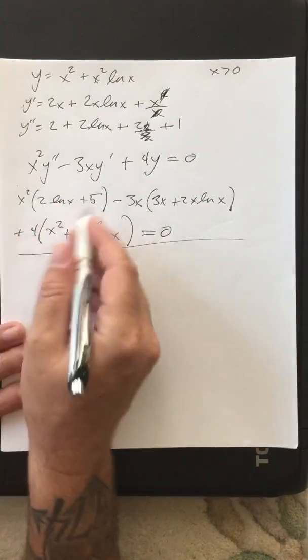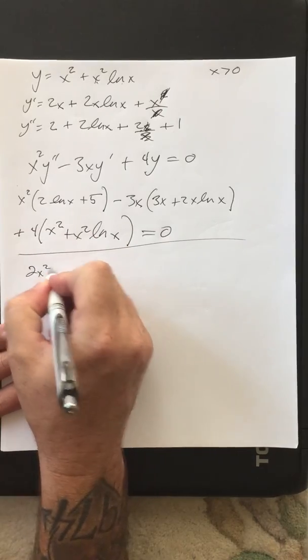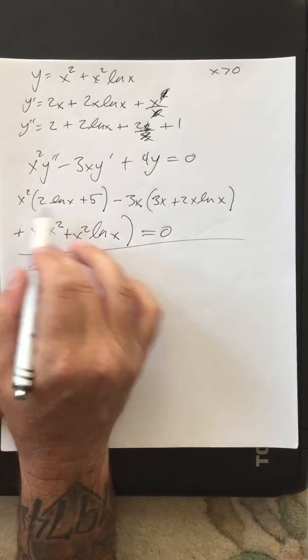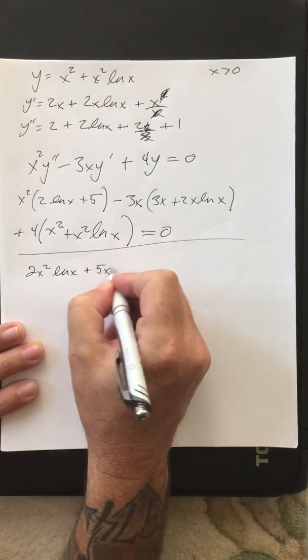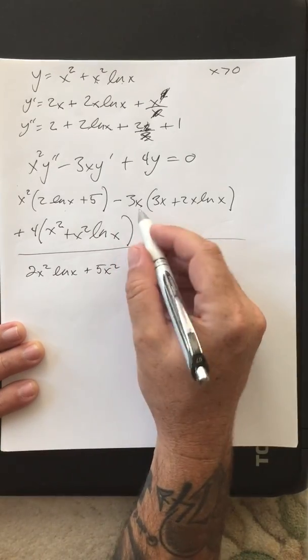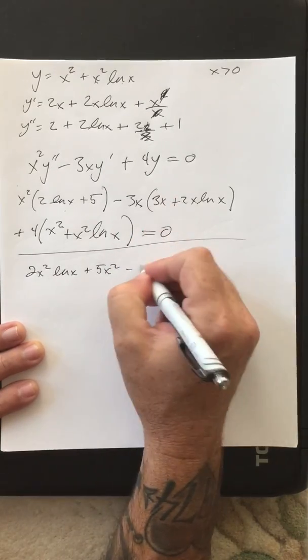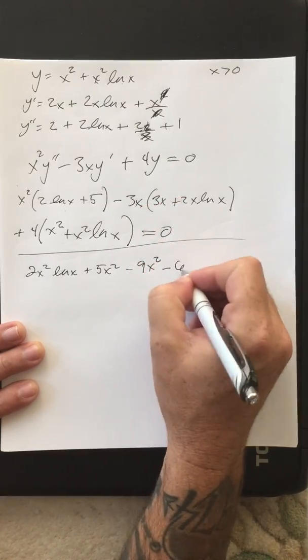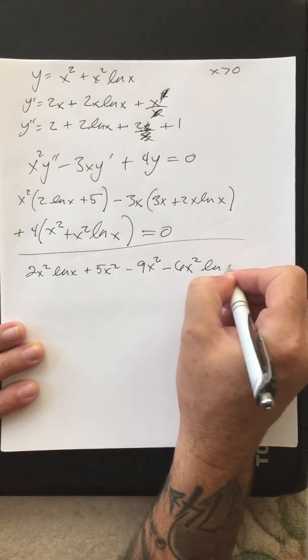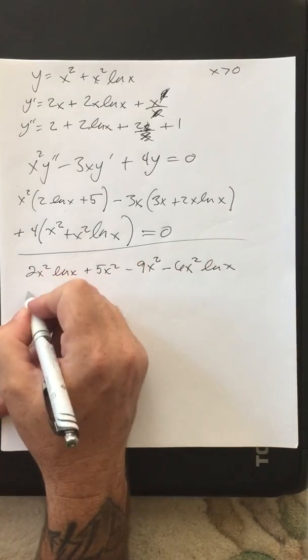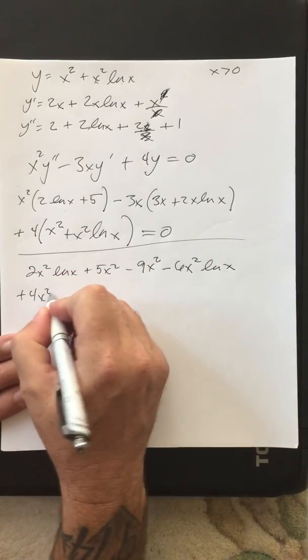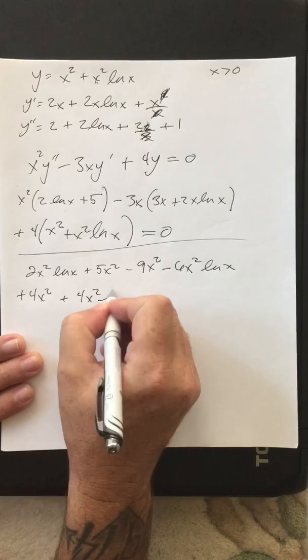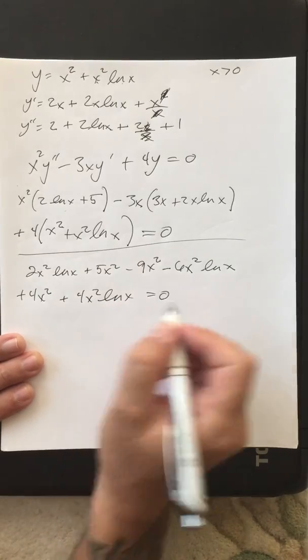So we have 2x squared log x, just bring that in there, and then plus 5x squared. Then we got negative 9, 3 times 3x squared, minus 6x squared log x, plus 4x squared plus 4x squared log x equals 0.